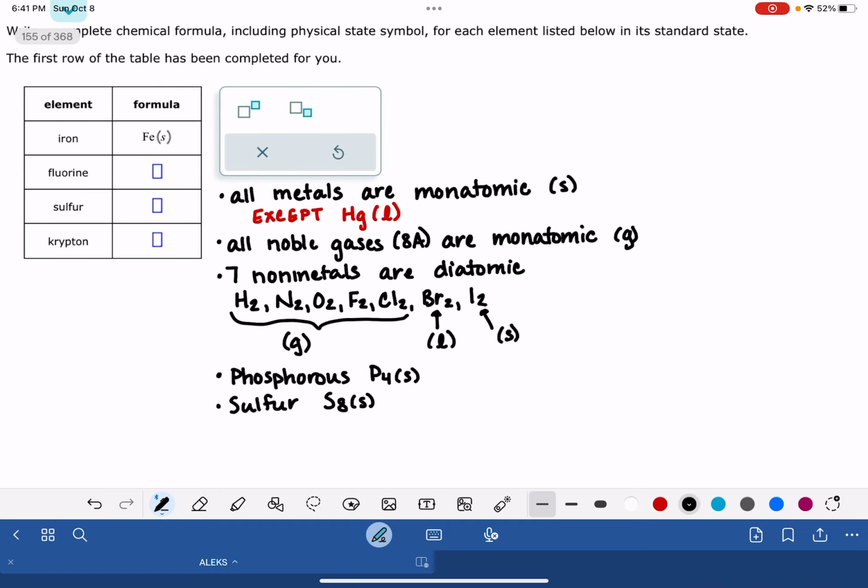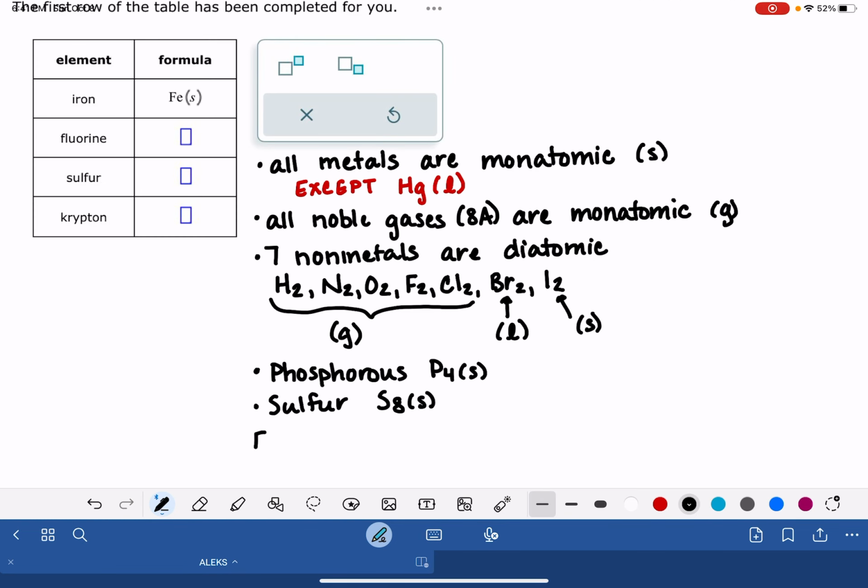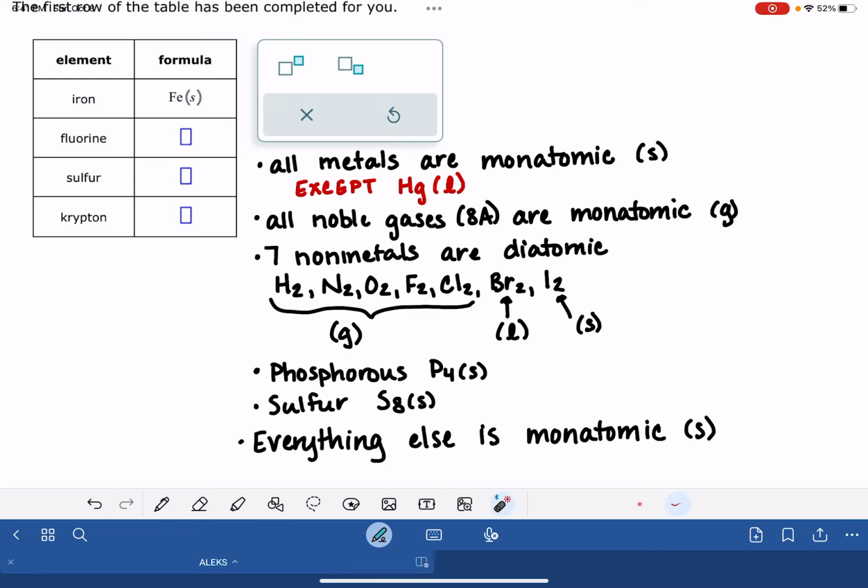And then, last but not least, everything else that you might come across, like metalloids or things like that, everything else is monatomic and a solid. And so again, I don't have any good tips for helping you memorize this if this is something that you have to memorize. But with this information, you should be able to fill out whatever ALEKS gives to you.